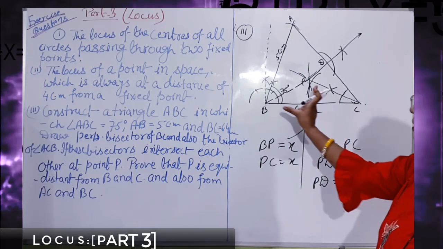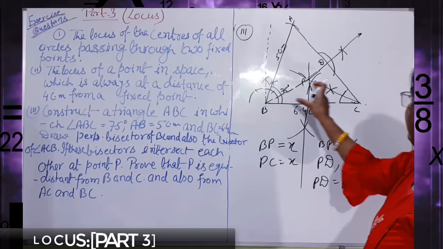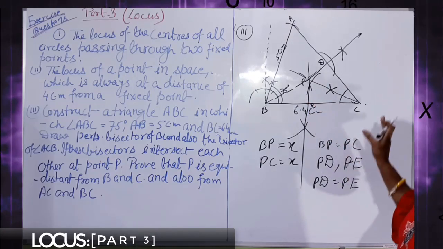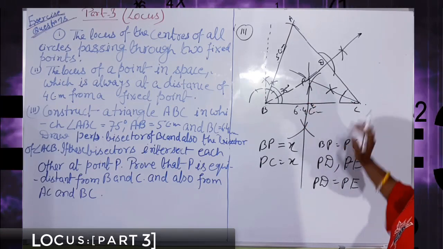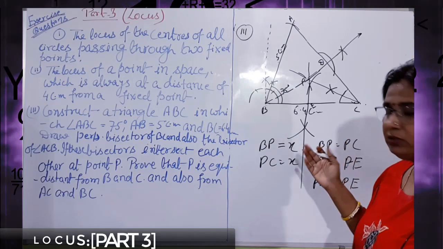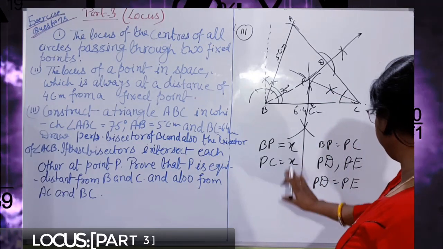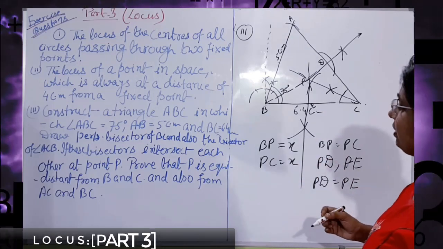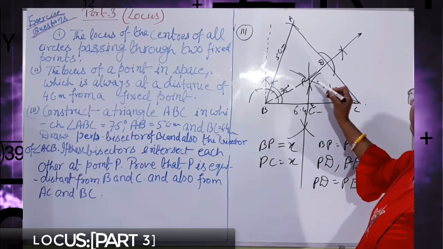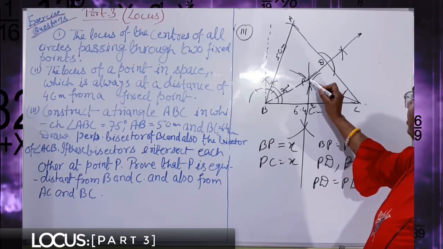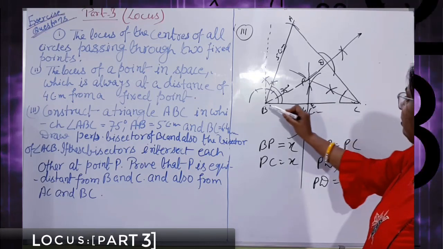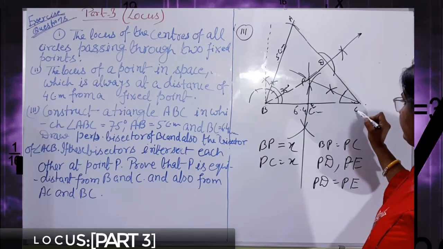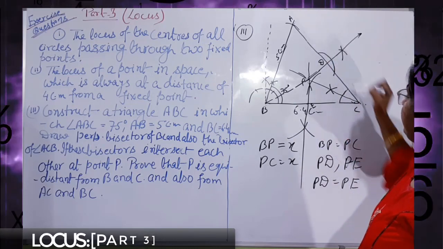So take BP and PC with a scale. If your construction is correct, both will be equal, because according to the theorems also they should be equal, and that's why both are equal. Next your question is to find the distance of P from line segments BC and AC.